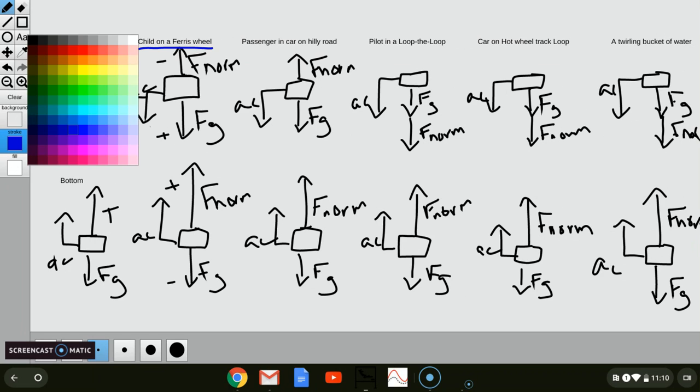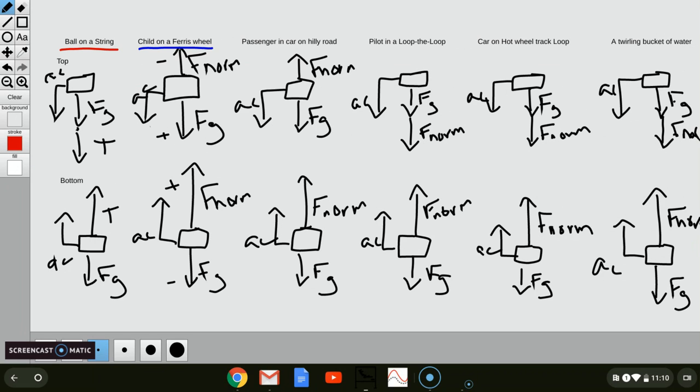All right. So if you're coming back, here is how you tell if it's a ball on a string or if it's a Ferris wheel. You notice at the bottom of the circle, they all look the same. All the sketches look the same, so there's no real way to tell the difference. What is true is at the top, they look different. A ball on a string has two forces down at the top of the circle.